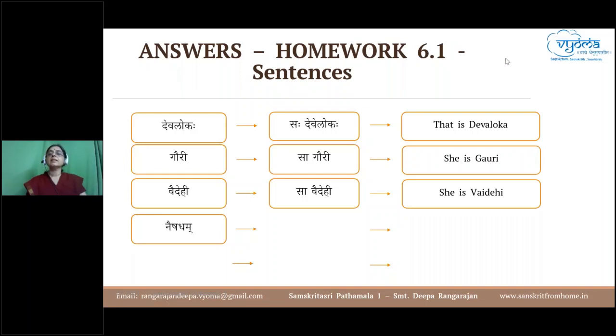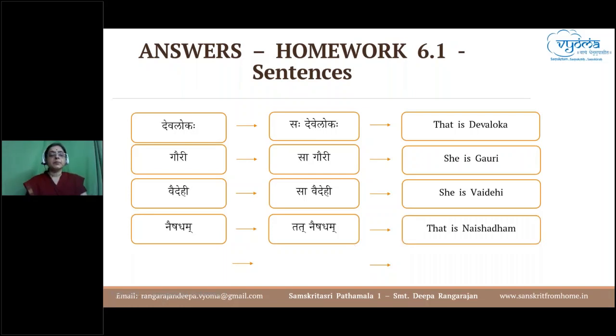Can you read that? Naishadham. Very good. Naishadham. The Dakara has a Mahaprana. Naishadham is a kavyam which is based on the story of Nala Maharaja.